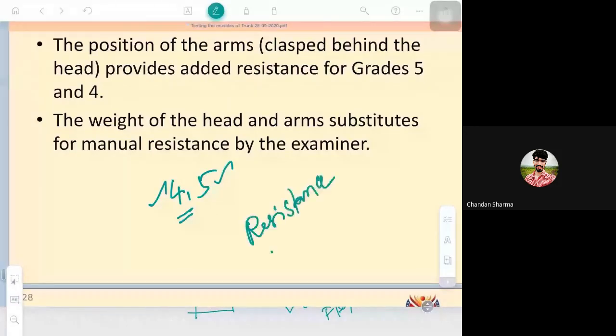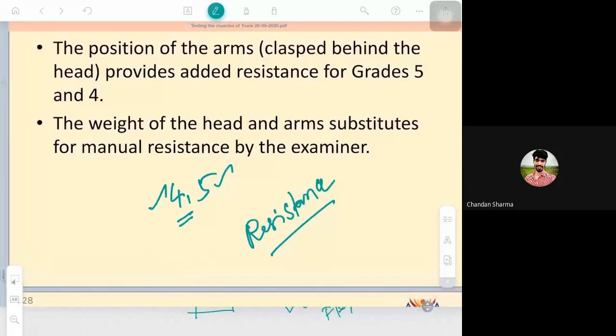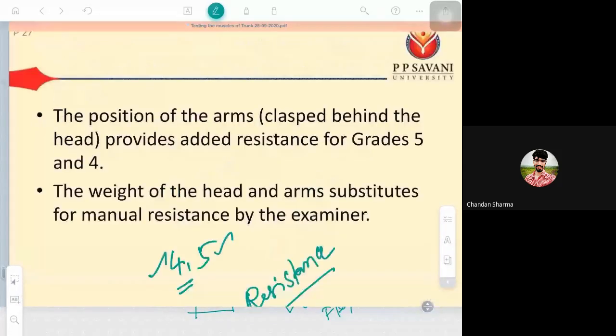Yes. We have not applied any resistance. The resistance is provided by the arm behind the head. When the arm is placed behind the head, the weight of the head and arm provides resistance.